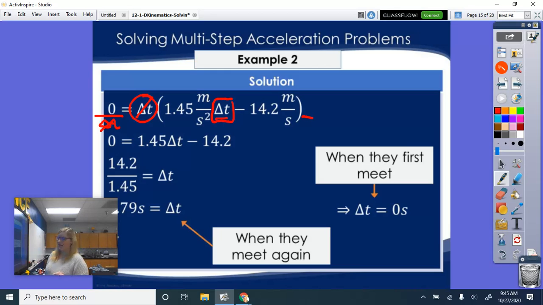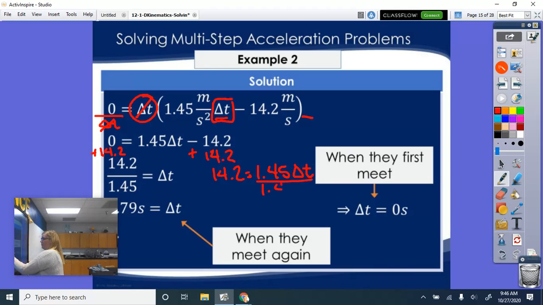And then what I need to do is isolate my delta t. So I'm going to add the 14.2 to both sides. And then once I do that, I will get 14.2 equals 1.45 delta t, and I'll just divide by my 1.45 to get this guy here.